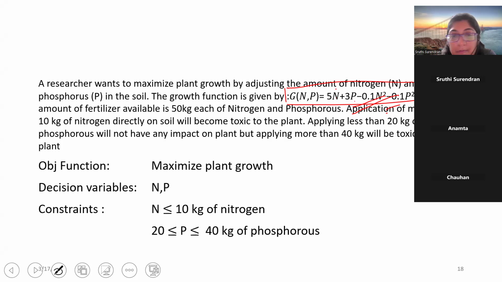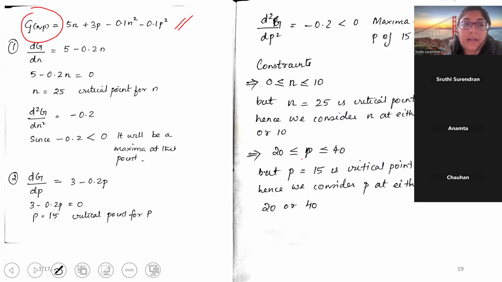Nitrogen available is 50 kg, phosphorus available is also 50 kg, but applying more than 10 kg of nitrogen is going to be bad for the growth. Secondly, applying less than 20 kg of phosphorus is not going to have any impact, but applying more than 40 kg will be toxic to the plant. So the constraints are these ones. The decision variables are N and P, and the objective function is to maximize plant growth.